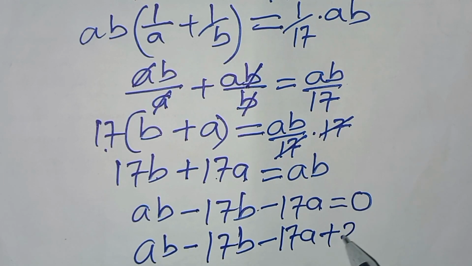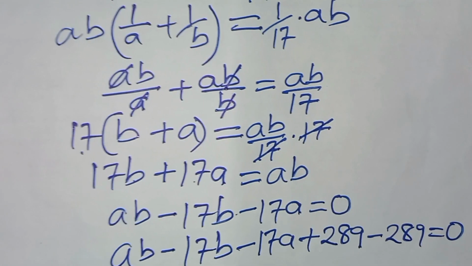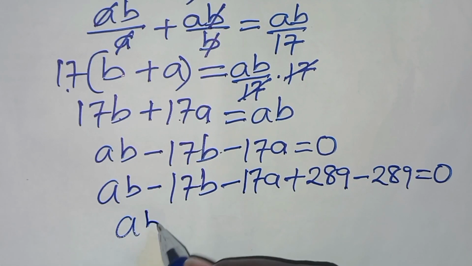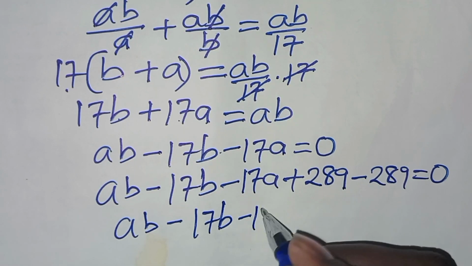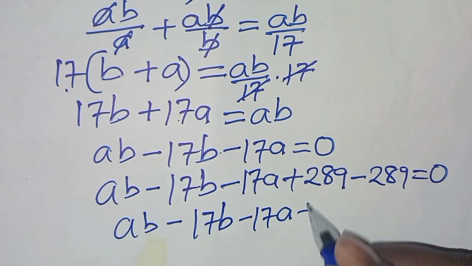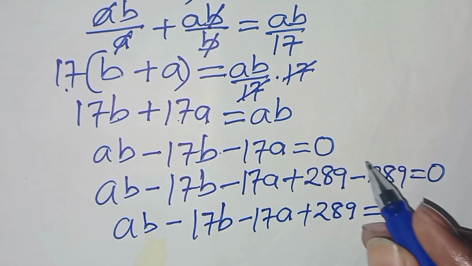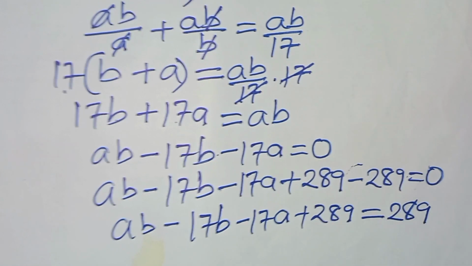So here we'll have ab subtract 17b subtract 17a plus 289, equal to, let's take negative 289 to the right hand side, so this is equal to 289.